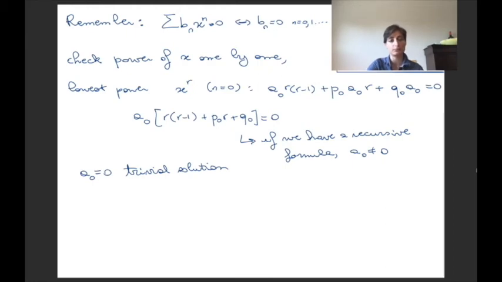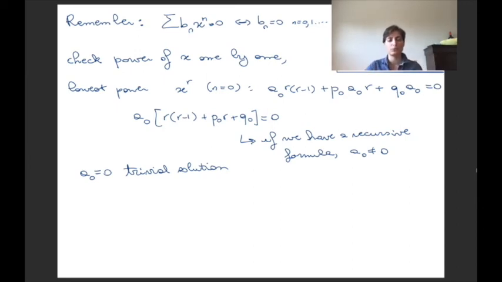And it turns out that for the lowest power, the lowest power of the power series we are looking at is x to the power r, so n is equal to 0. And the only term that satisfies that is a0 times r(r minus 1) plus p0 a0 r plus q0 a0 equal to 0. We can put away a0, and now we have a term times a0 equal to 0.